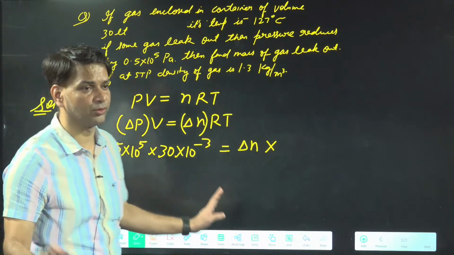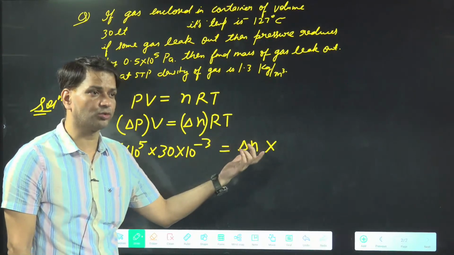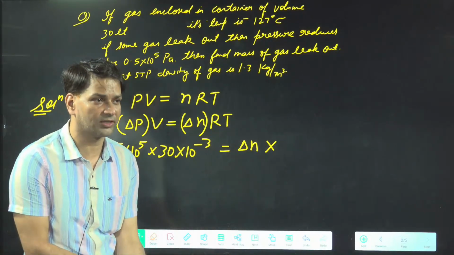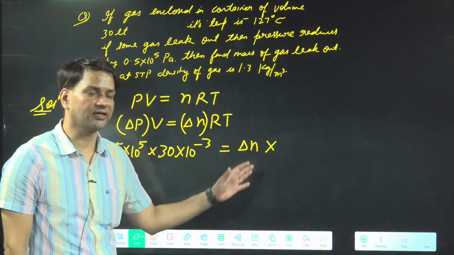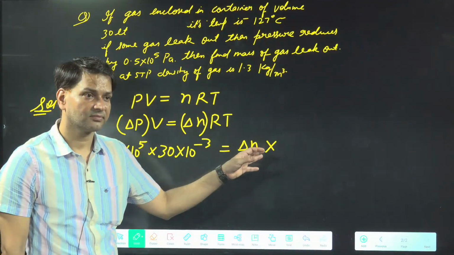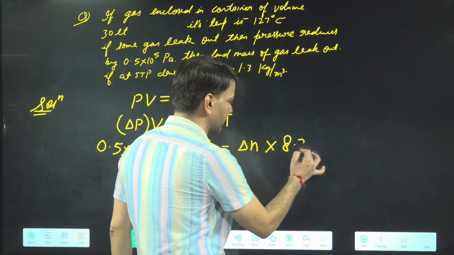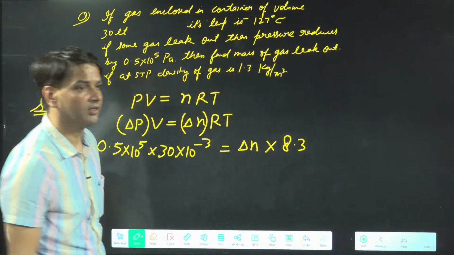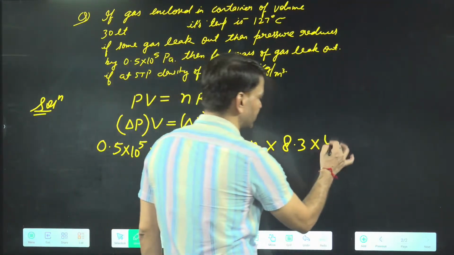We know three values of R in different units. I'm using MKS, so I have to use the MKS unit of R. R is 8.314, so 8.3, I'm just taking 8.3, into T. 127 degrees is given, so that will be 400 Kelvin.